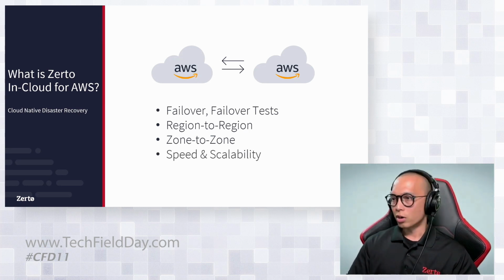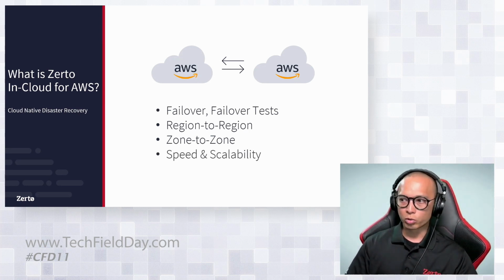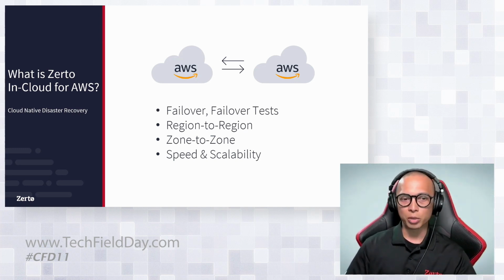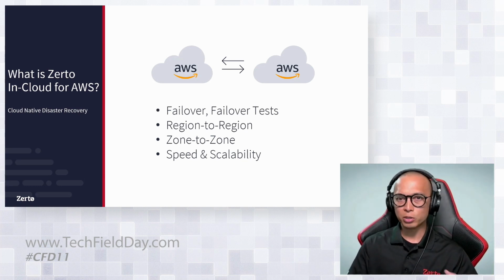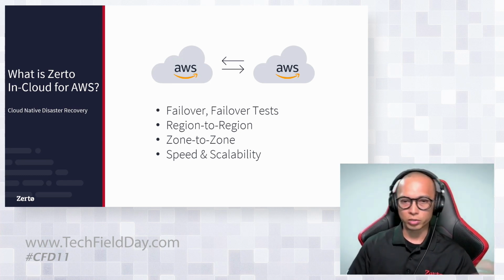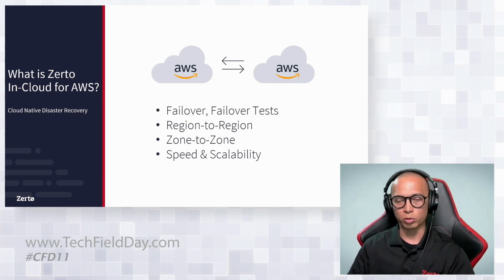I mentioned region to region and zone to zone. Speed and scalability is really what we're aiming for here. With speed, it's the speed to protect your machines, right? Because in AWS today, you can do this manually. You can take EBS snapshots of all your EC2 instances and replicate them to another region.